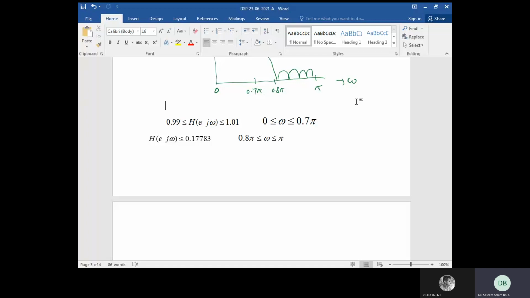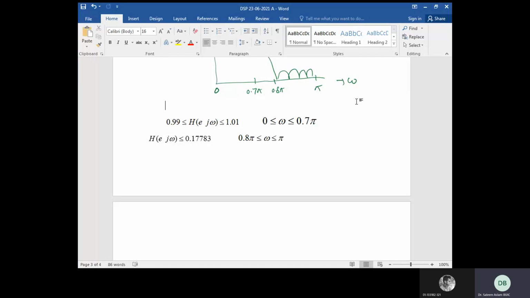So in the first line, the magnitude response would be close to 1, and in the second line close to 0.17783. So the first line indicates the passband, the second the stop band. It means delta 1 can be extracted from the first line and delta 2 from the second line. Similarly, omega pass comes from the first line and omega stop from the second line.